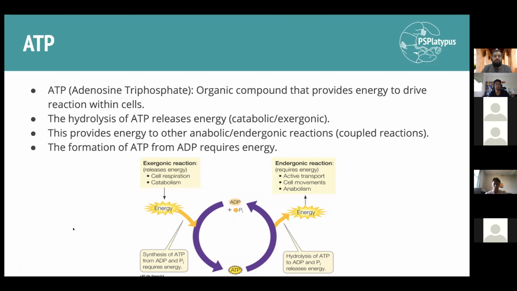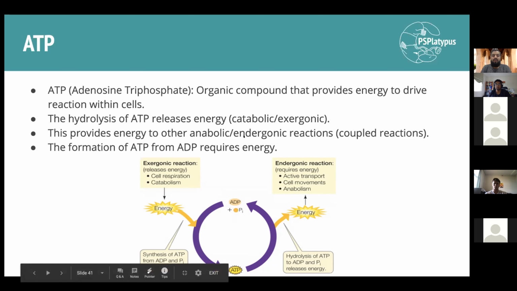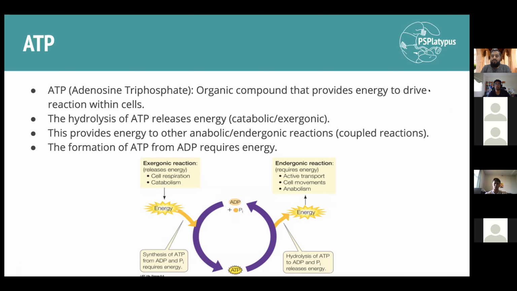We're generally talking about energy and how the cell can obtain energy. So we must talk about ATP, which stands for adenosine triphosphate. It's an organic compound that provides energy in the cell to drive other reactions. The hydrolysis of ATP releases energy, and forming ATP requires energy.